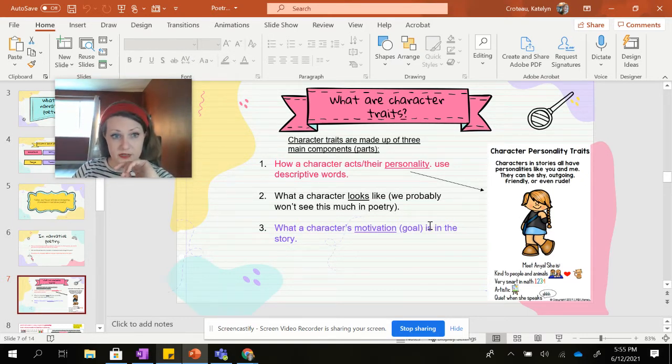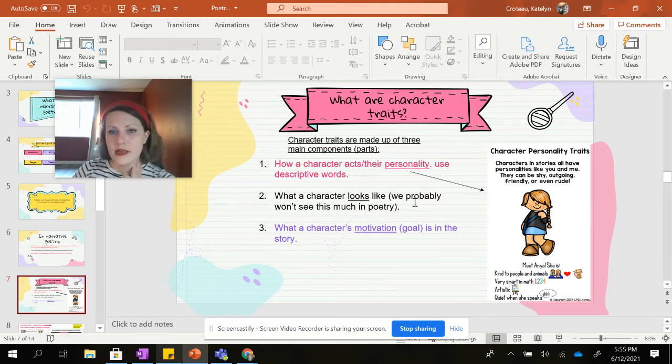And that is the third thing that makes up components of character traits, because it's a three-pronged thing: looks, personality, motivation. Again, you might not see step two or three in a poem. It really depends on the poem, but I want you to look for those components.